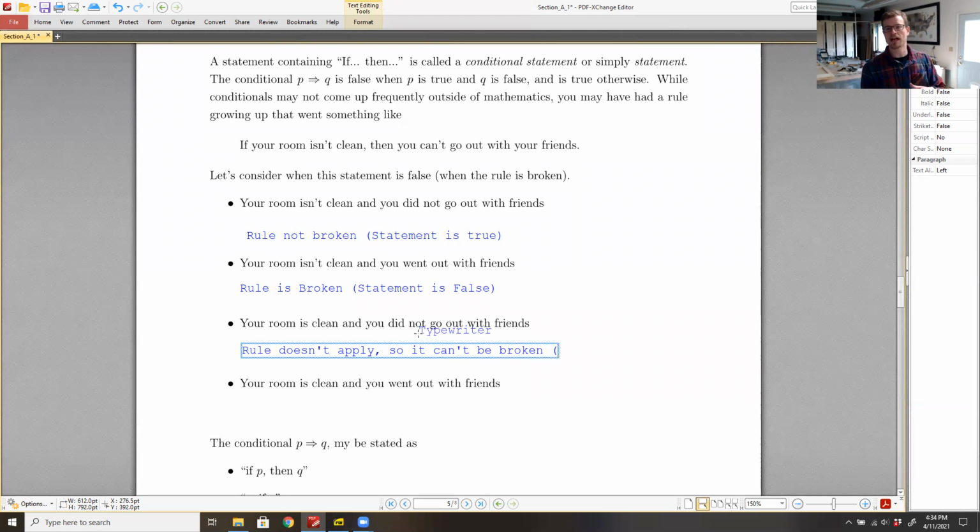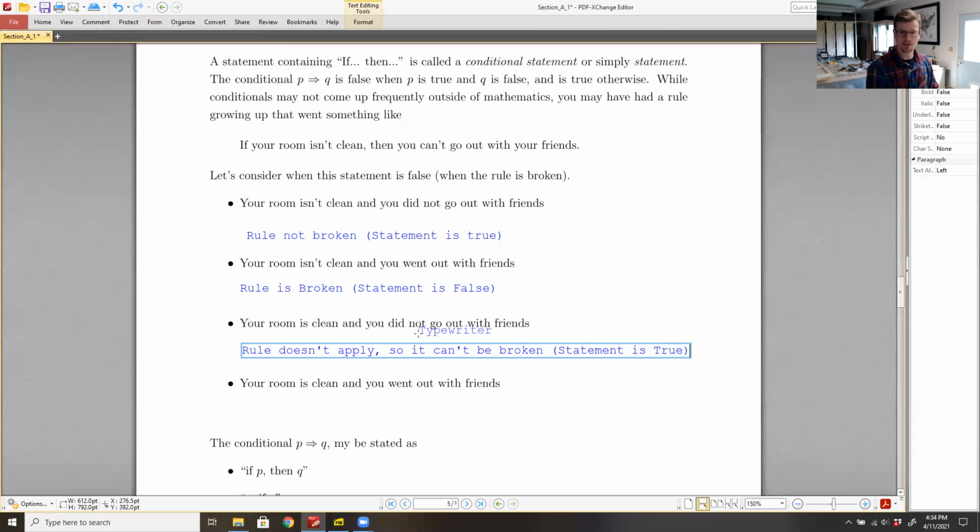The rule is not there for you to say that you can't go out with your friends. The rule is there for you to ignore because your parents want your room clean. So the rule doesn't apply because your room is clean, whether you went out with your friends or did not go out, and that's perfectly fine. You didn't break the rule because it didn't apply. Since you didn't break the rule, the statement is still true.